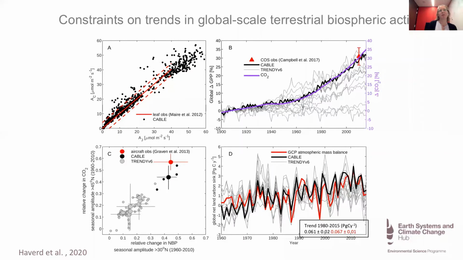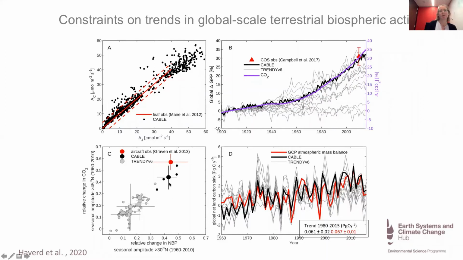We've now implemented that mechanism into our current version of CABLE so that it reproduces the leaf level observations from Mayer et al, supporting that hypothesis. With the same version of the model, we can also replicate the observation-based increase in global photosynthesis.